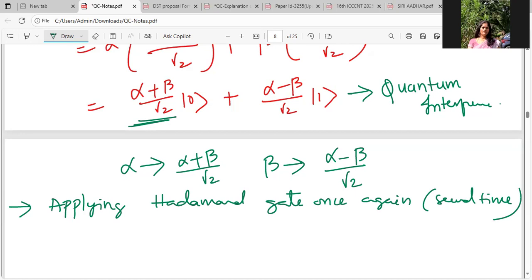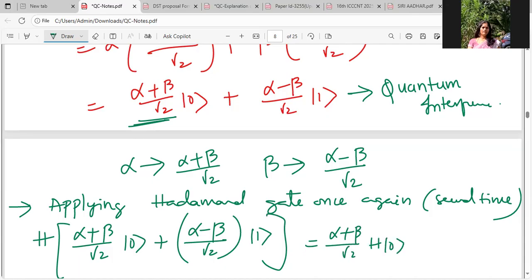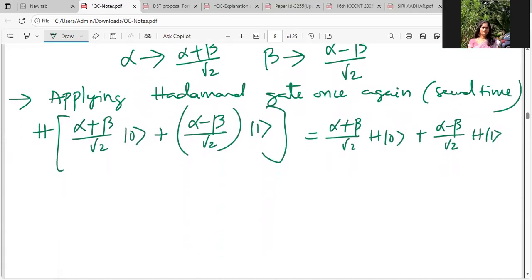What happens is H of (alpha plus beta) by root 2 ket 0 plus (alpha minus beta) by root 2 ket 1. This is equal to, of course, (alpha plus beta) by root 2 is a constant, so H ket 0 plus (alpha minus beta) by root 2 H ket 1. Of course, I know those values as I have written in the beginning.